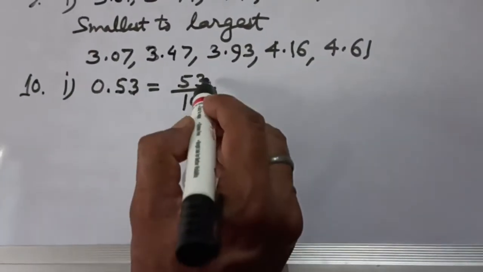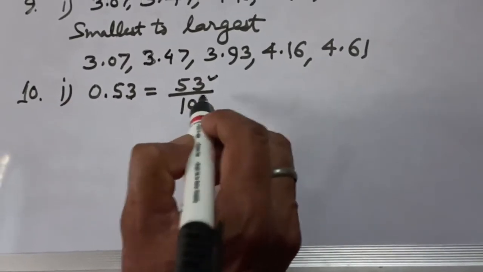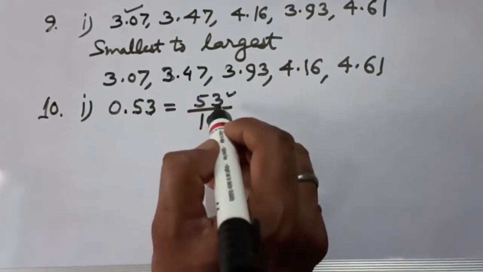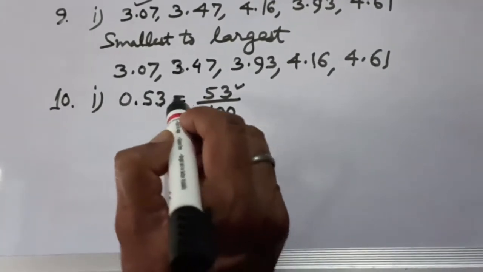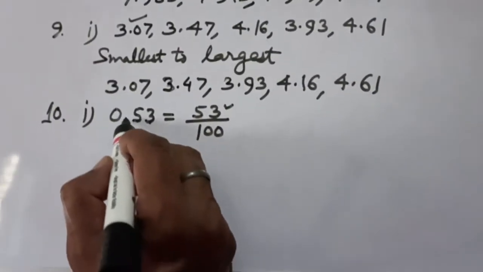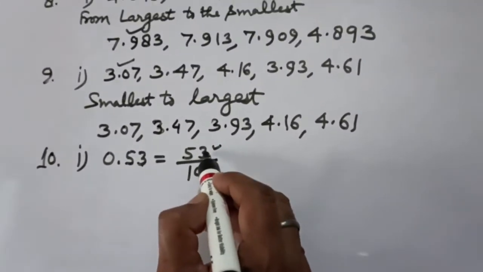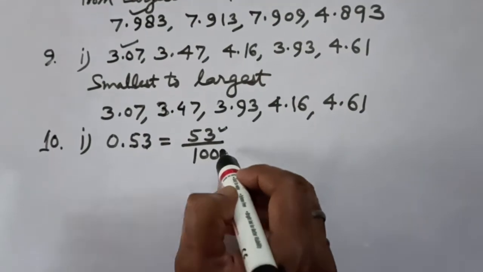So it will be written as 53 upon 100. If the decimal were before three places, then it would be 53 upon 1000. But here it is before two places, so it will be 53 upon 100.